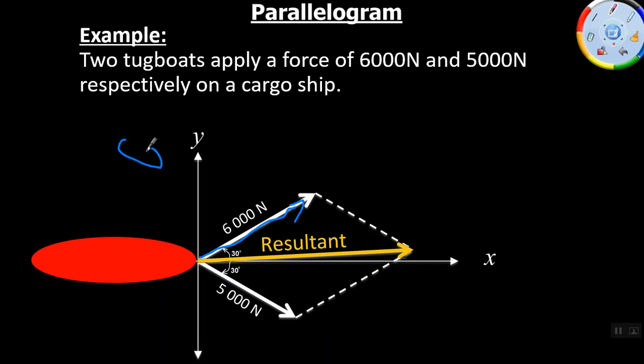Obviously this is now from above. And 30 degrees from the direction of motion this way, and my other one is pulling 5,000 Newton 30 degrees below the direction of motion.